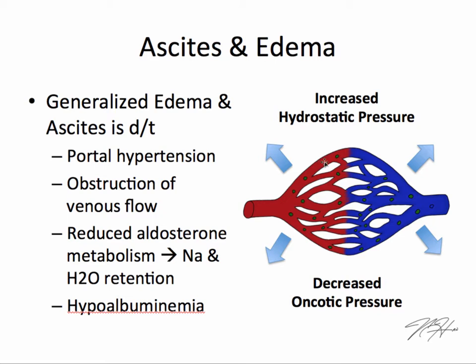With increased stretch, the holes in the screen widen. As a result of this, protein can leak out, resulting in a decrease in oncotic pressure. The pressure caused by obstruction and portal hypertension increase hydrostatic pressure. This results in the accumulation of fluid in the abdomen, or ascites, and generalized edema in the extremities.